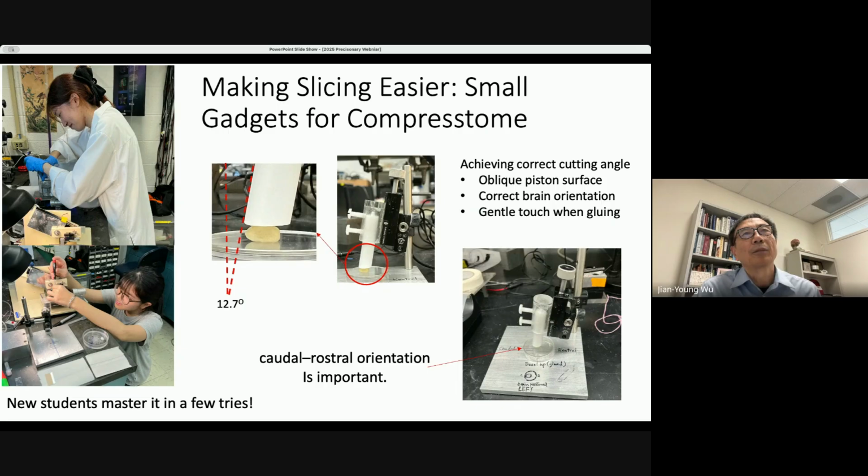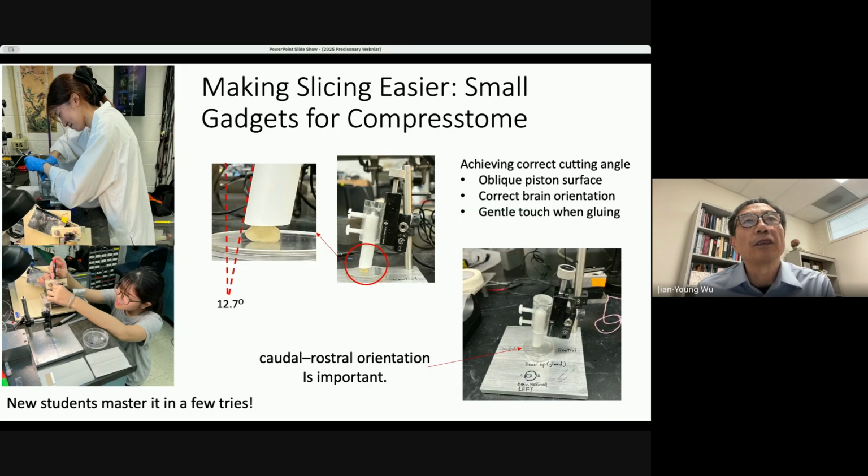But for the compressed tone, you have to glue the brain tissue on the piston, do the low temperature agar gelling, and there are several more steps. Those make students feel it is more complicated, and they would not prefer using it because it takes a longer time to learn. So for this purpose, we made one in the middle.